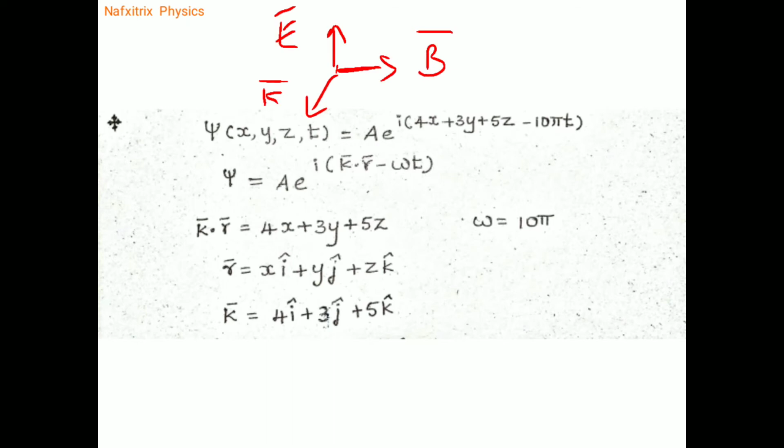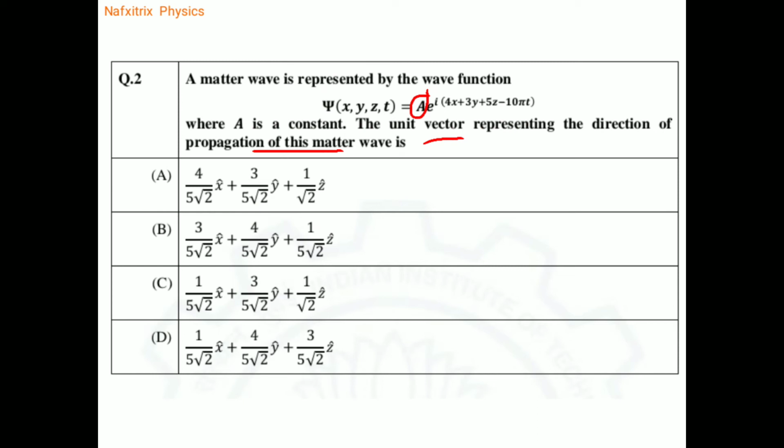So k is nothing but the wave number, or wave vector. In general, it is a propagation constant. This direction gives us the direction of propagation of the wave, the propagation vector, or the pointing vector also we can say.